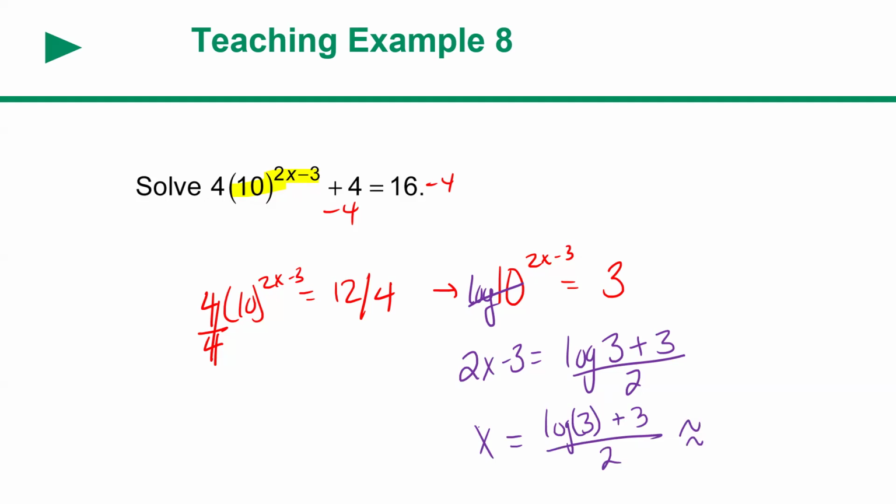Because it's not the same thing. You're not taking the log of 6, you're taking the log of 3. Can you give me 3 decimal places?